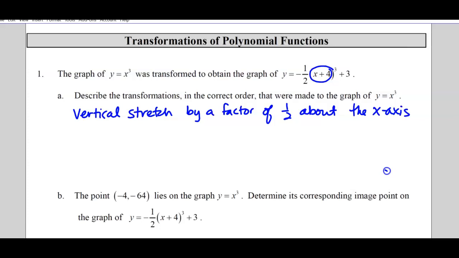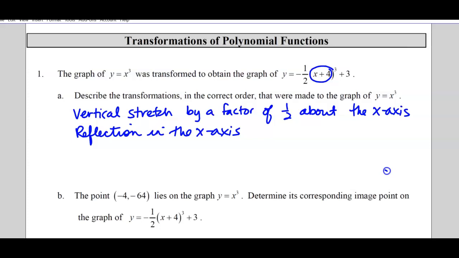Okay. Then the negative with the half is a reflection in the x-axis because you're changing the sign of y. So positive y becomes negative. Negative becomes positive. So it's over the x-axis.